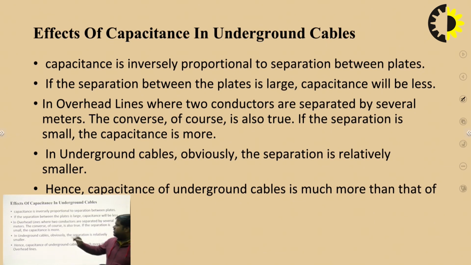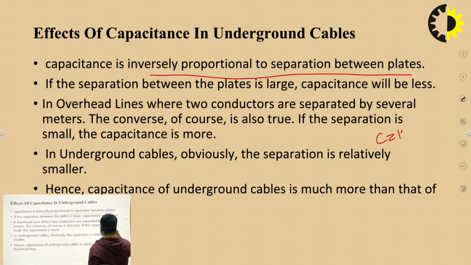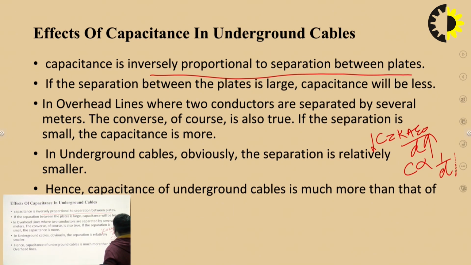Capacitance is inversely proportional to separation between the plates. If the separation between the plates is large, capacitance will be less. So the formula is C equal to K A epsilon 0 by d. In this case, if the separation between the plates is large, the capacitance will be less. So C is inversely proportional to 1 upon d.